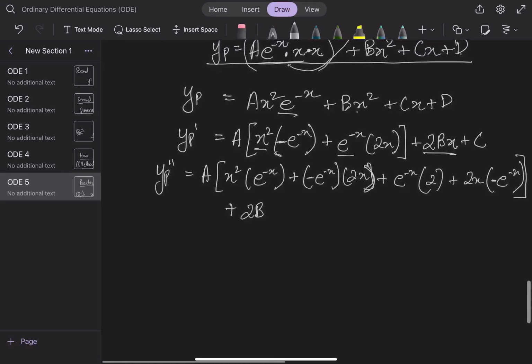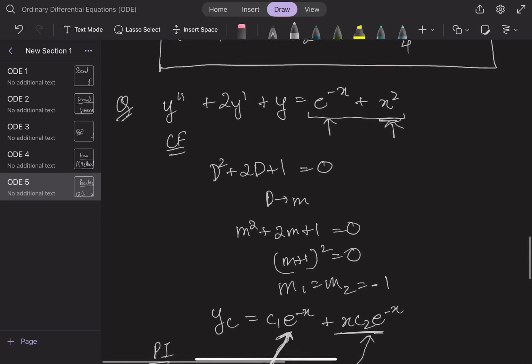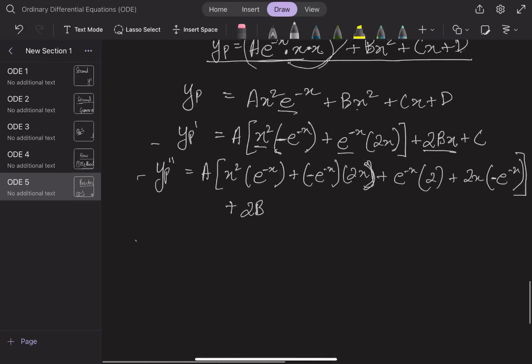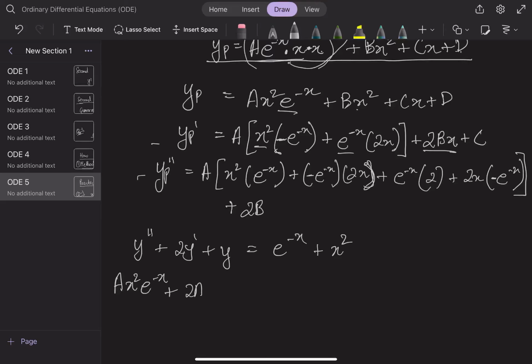So now you have your yp, yp dash, and yp double dash. Let's put it into the original equation, which is y double dash plus 2y dash plus y is equal to e raised to minus x plus x square. So y double dash, that's ax square e raised to minus x plus, let's just write this as minus 2ax e raised to minus x.